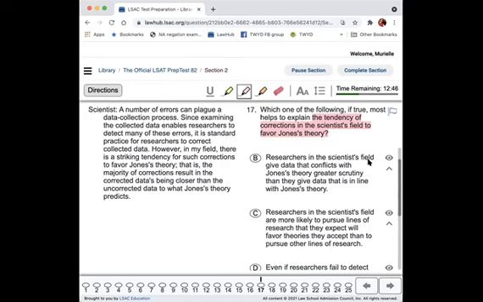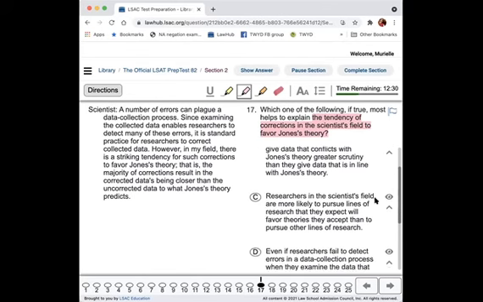That would be much more likely something that gets overlooked in the process of correcting the data. So B definitely does help and does explain that tendency.